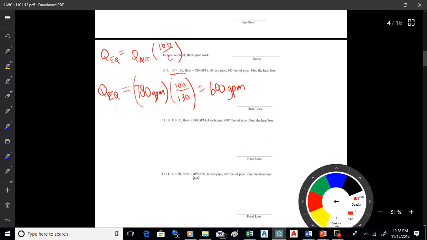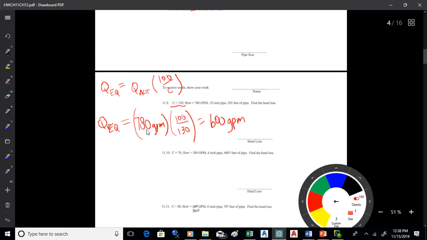If I put 780 gallons per minute through a smoother pipe, I'm going to have less head loss than I would pushing it through the C100 pipe. C130 pipe is smoother than C100. So when I put that 780 gallons per minute through that 10-inch pipe, I'm going to have less head loss for C130 than I would for C100.